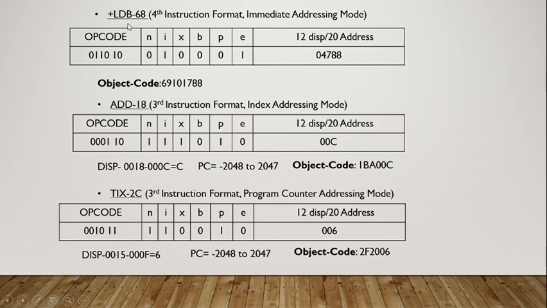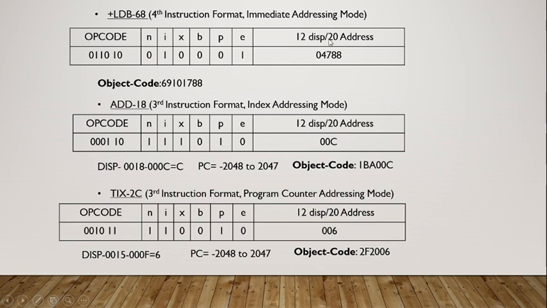Considering the next instruction, which is of the fourth instruction format and of immediate addressing mode, the opcode value for this instruction is 68. 68 can be written in binary as 0110 1000. Since we need to consider only 6 bits for the opcode in the fourth instruction format, it is considered as 011010. Since this instruction is of immediate addressing mode, I is set to 1, and E is set to 1 because it is in the fourth instruction format.